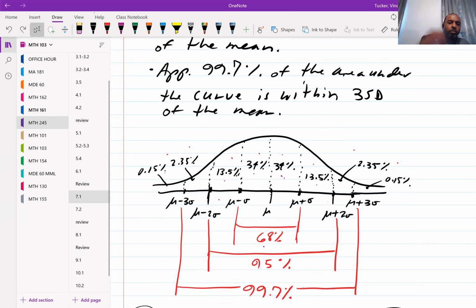Once again, that diagram applies to the statements we just finished, property 7. So it's 34%. Remember, the mean is in the middle and it reflects about the mean. 34%, 13.5%, 2.35%, and 0.15%.